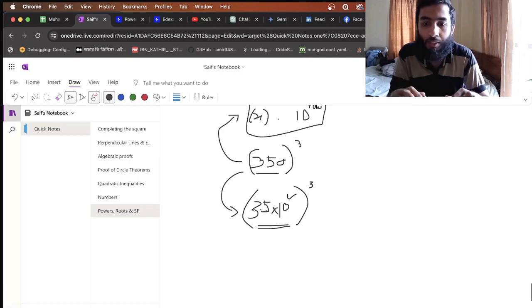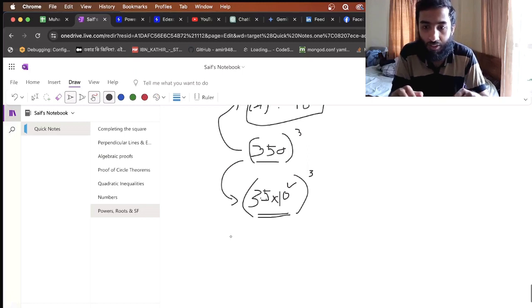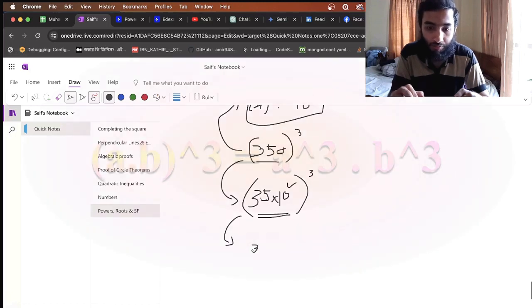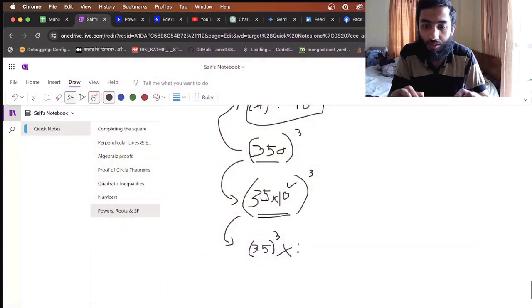So if 350 can be represented as 3.5 multiplied by 10 squared, and we cube the whole number, what do we get? We get 3.5 cubed multiplied by 10 squared cubed.